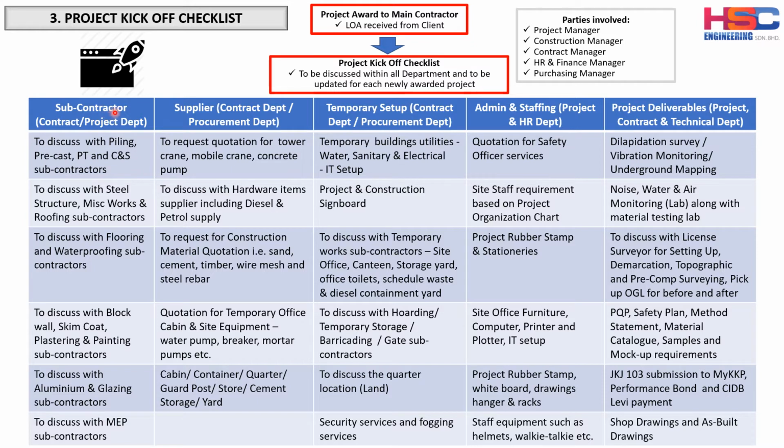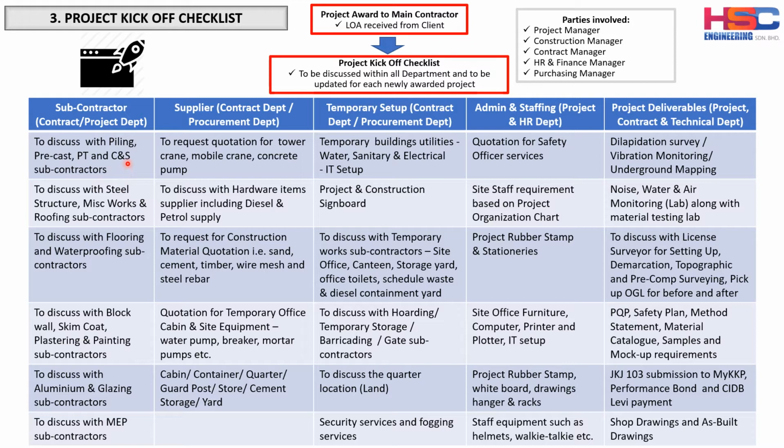And the first one is to find the subcontractor. So there are some items that need to be subcontracted, and there are some items that the construction company can do by themselves. So for example, piling contractor, the precast contractor, the post-tensioning contractor, and the CNS subcontractor, if this is not done by the construction company by itself, they need to subcontract.